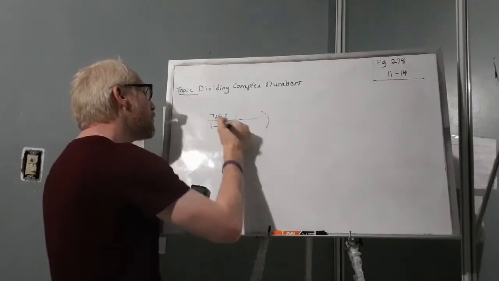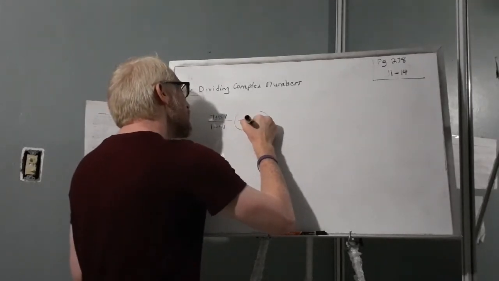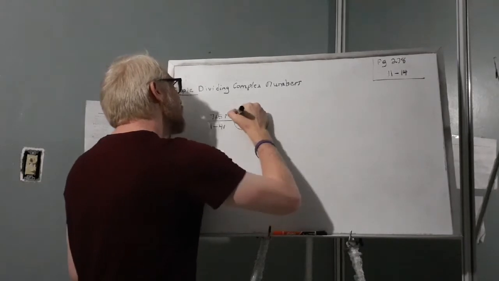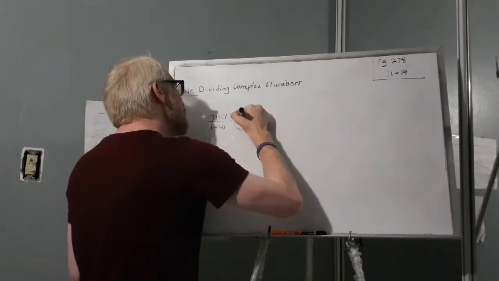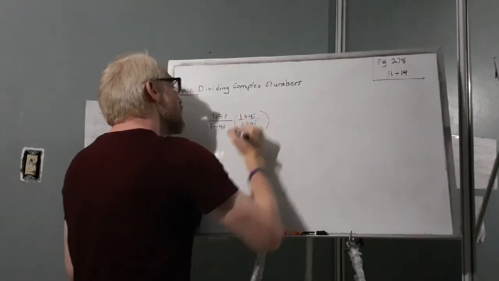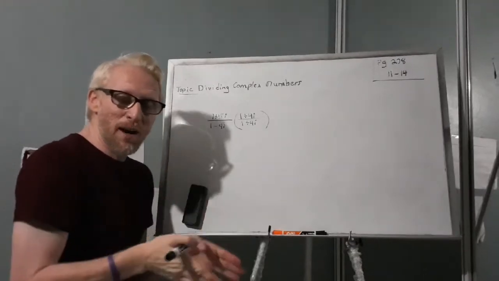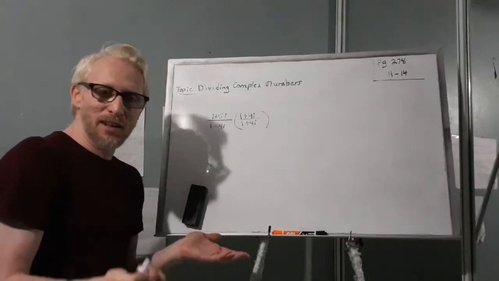So if this is 1 minus 4i, I'm going to multiply it by 1 plus 4i. And I'm going to do the same thing in the numerator, 1 plus 4i. So I'm going to FOIL my numerator, FOIL my denominator, and then that's it.